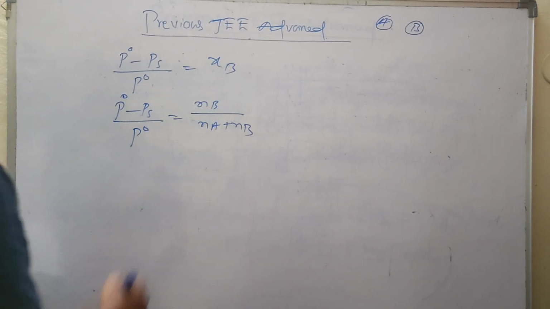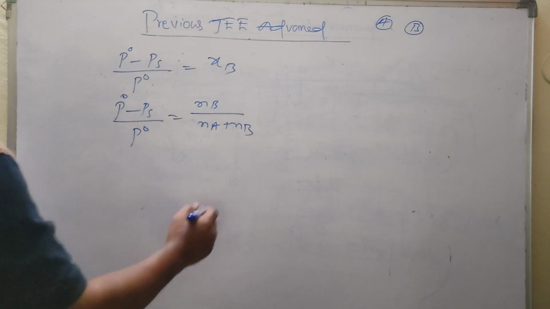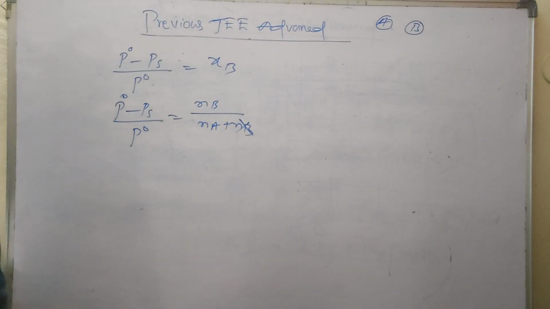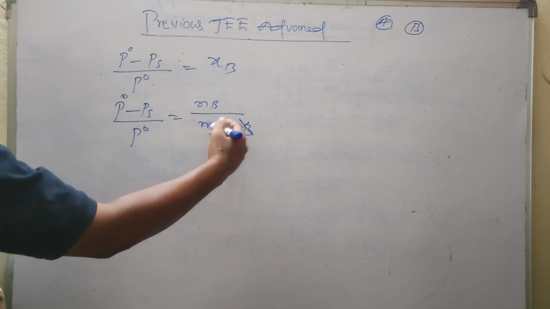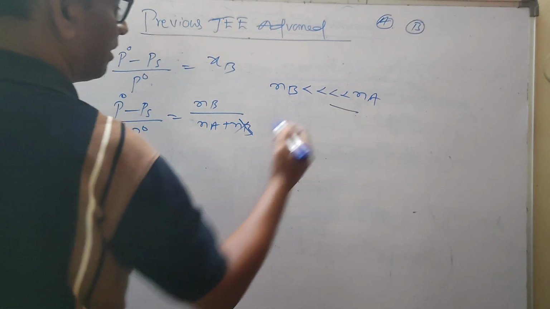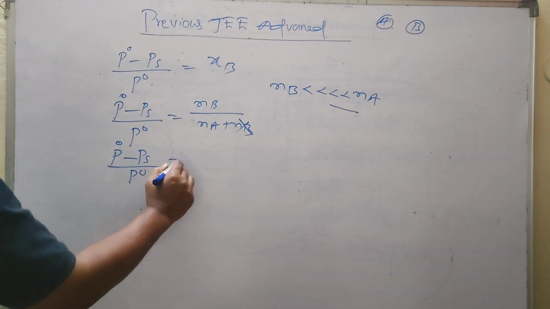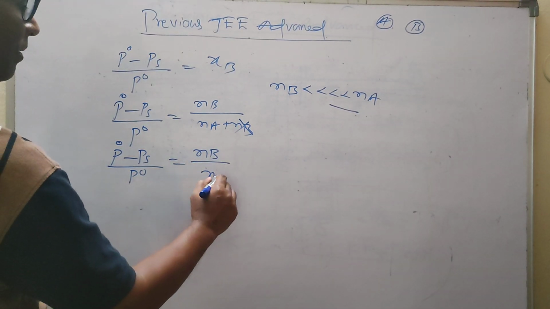You know mole fraction now. But here nB is negligible. In the case of dilute solutions, nB is less than nA. So that's why we take only (P0 minus PS) by P0 is equal to nB by nA.